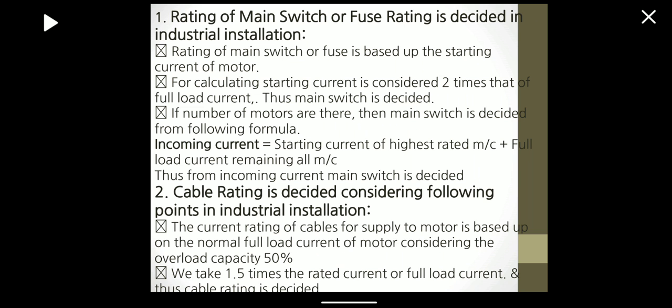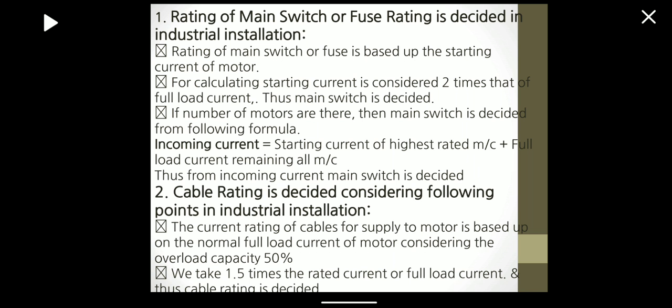Thus the main switch is decided. If a number of motors are there, then the main switch is decided from the following formula: incoming current is equal to the starting current of the highest rated machine plus the full load current of all the remaining machines. Thus from the incoming current the main switch is decided.